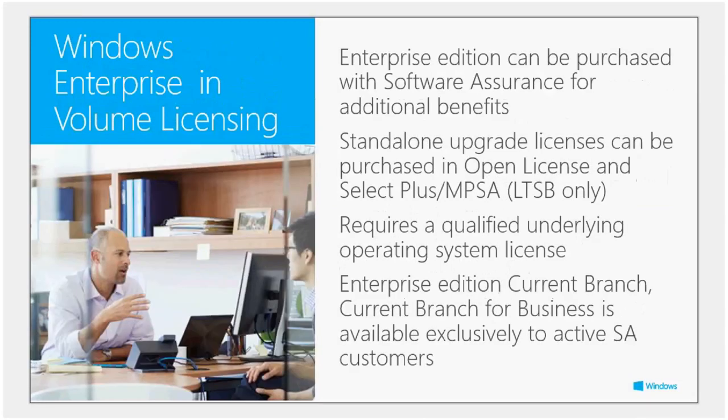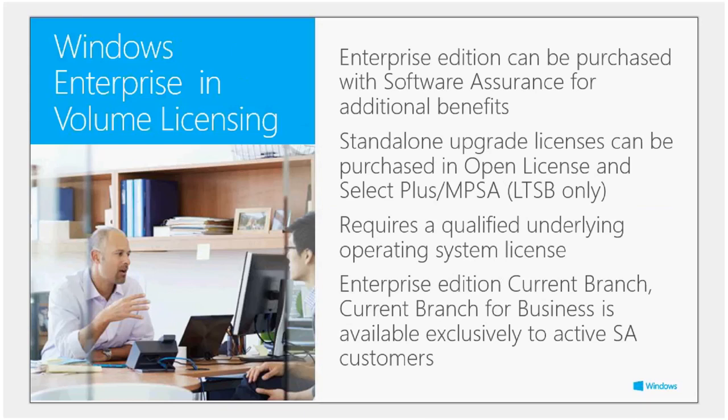For Windows Enterprise, just as today, Enterprise Edition can be purchased with software assurance for additional benefits, and we're going to talk more about what those benefits are. You can purchase a standalone upgrade license for Windows Enterprise Edition via Open or Select Plus or MPSA. It's important to note with Windows 10 that standalone upgrade license is only the LTSB. It does not provide access to the current branch of Windows 10 Enterprise Edition.